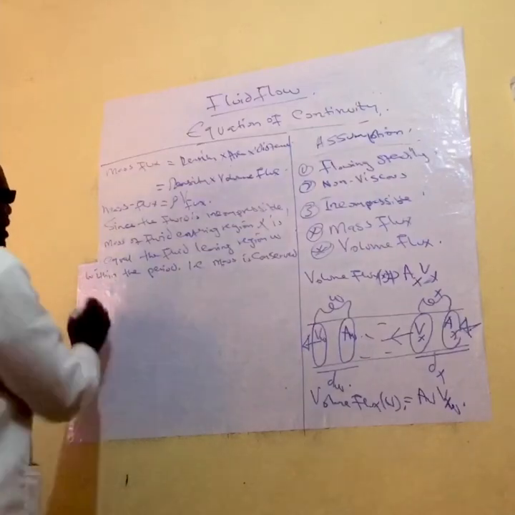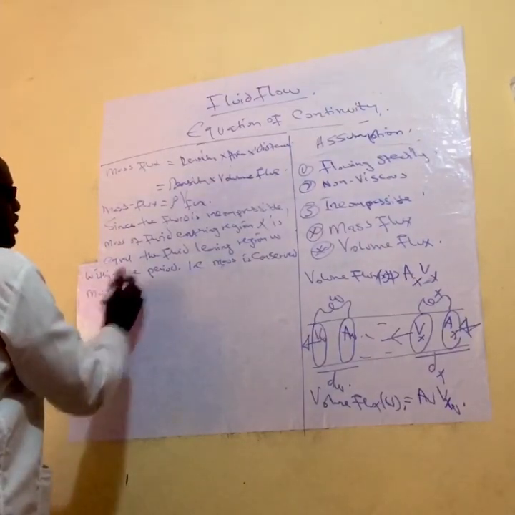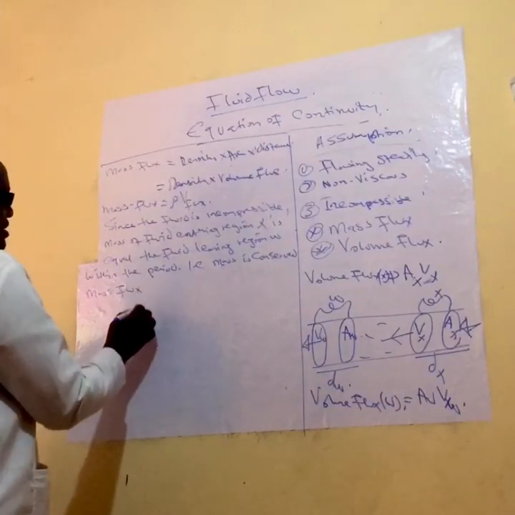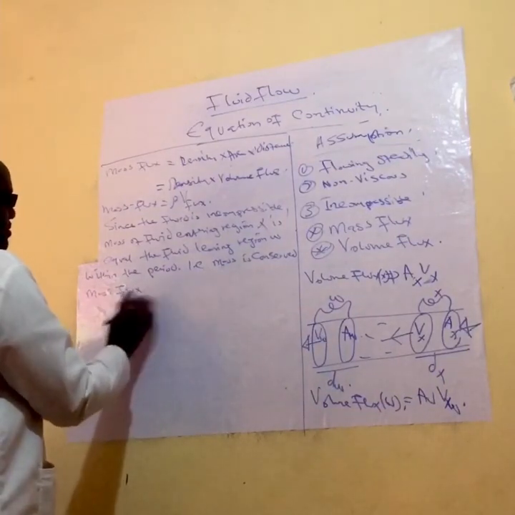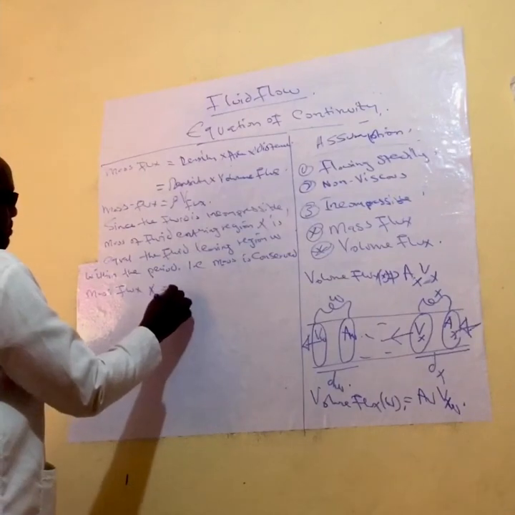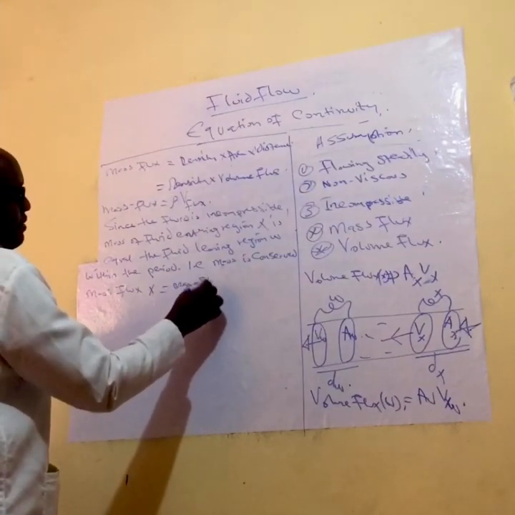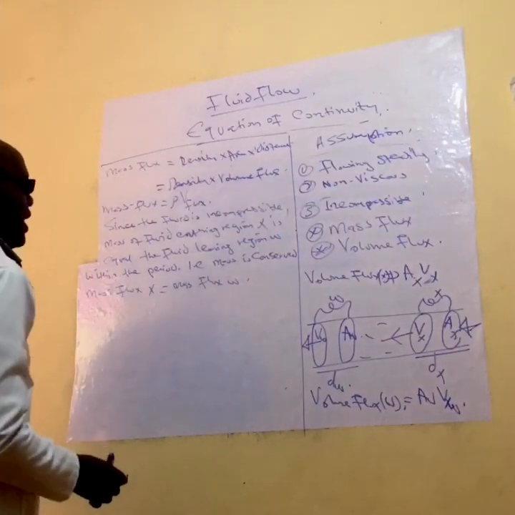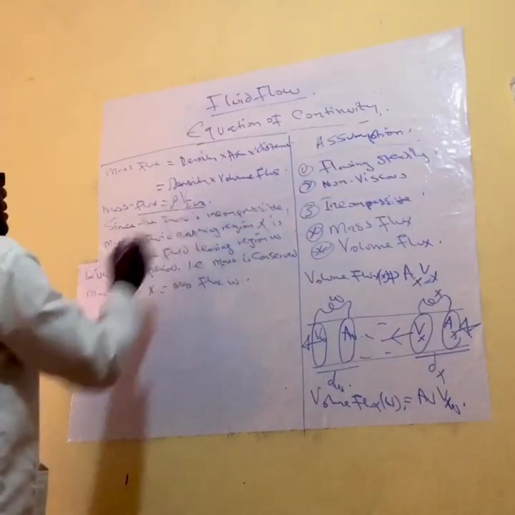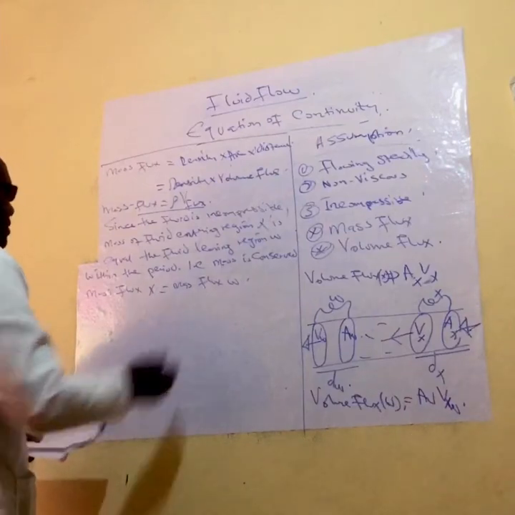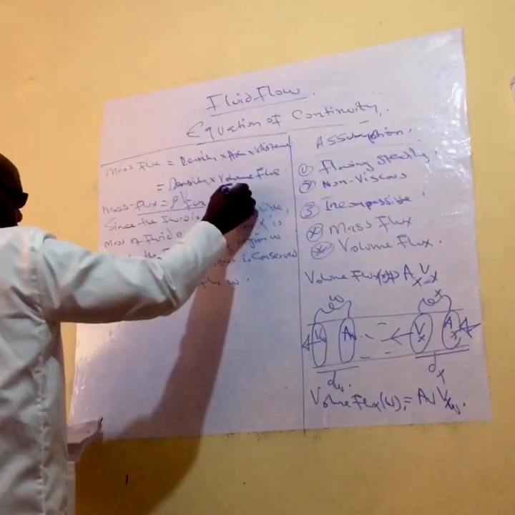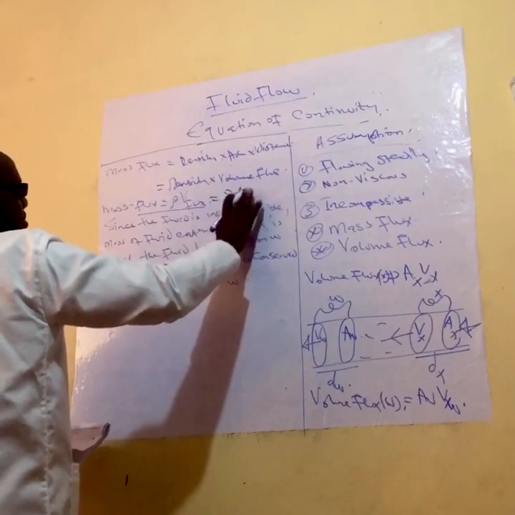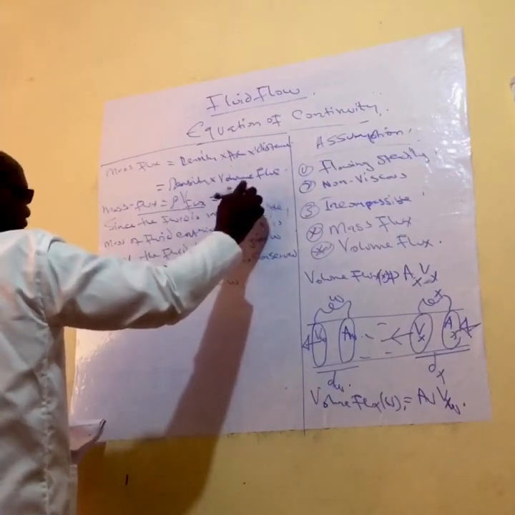Now, all this statement, what we are saying is the mass flux at X is equal to the mass flux at W. And then based on this, we were saying the mass flux is equal to density times the area times the velocity.